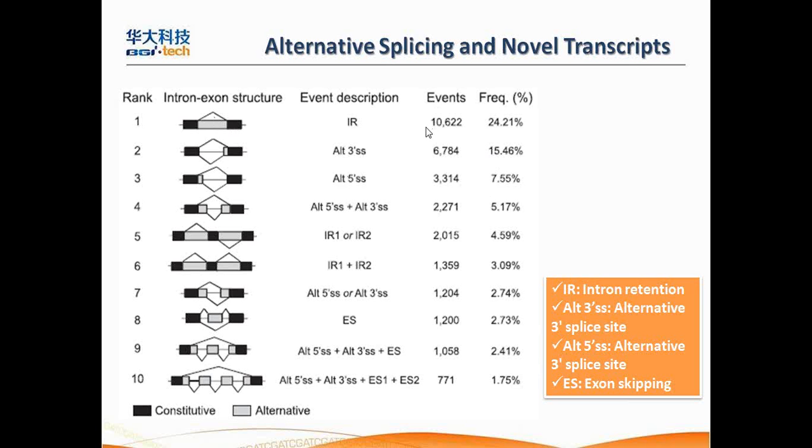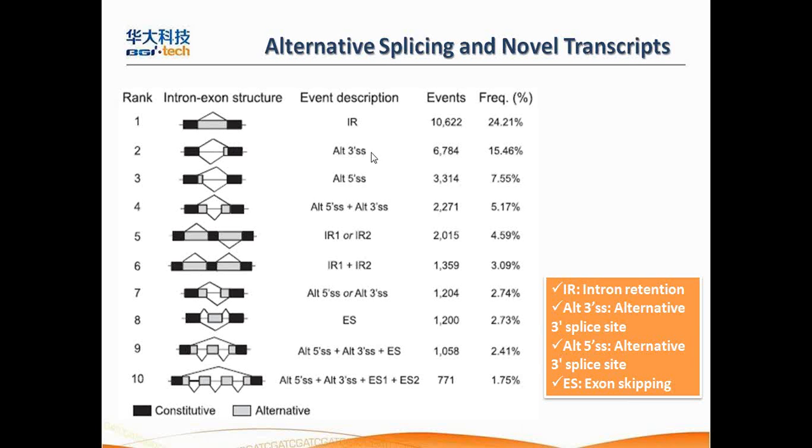So this kind of event comprises 24% of all the alternative splicing events. And here is another kind of alternative splicing event, which is some change in the 3' end. In some isoforms the second exon starts from this point, and in other isoforms the start point of the second exon is from here.